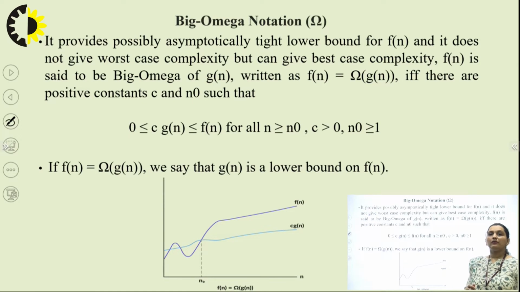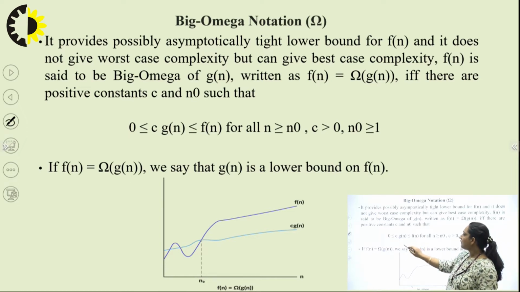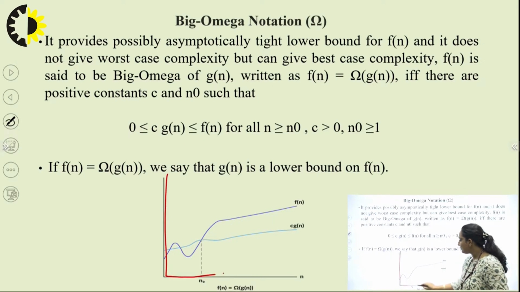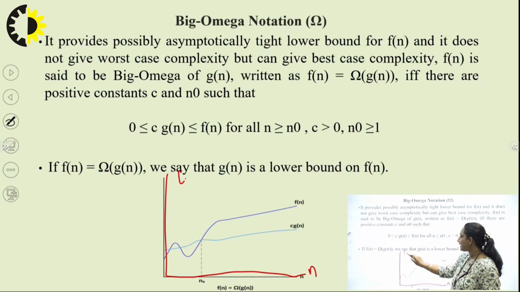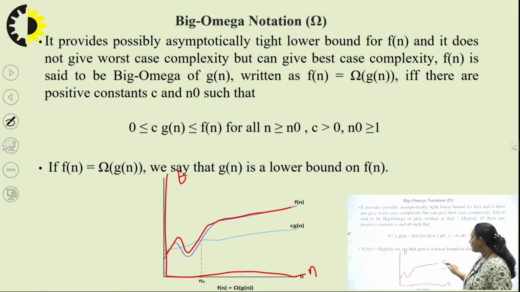Next, we are proceeding to the other notation, that is the big omega notation. Omega notation is the reciprocal of it. Big O is giving an upper bound and omega is giving a lower bound. We have two lines, an input line and a time line, and we have a function f of n like this, and another function because we are making a lower bound of it.